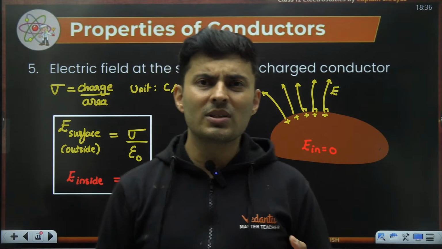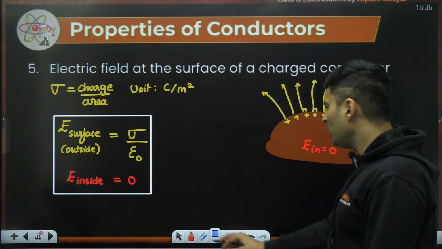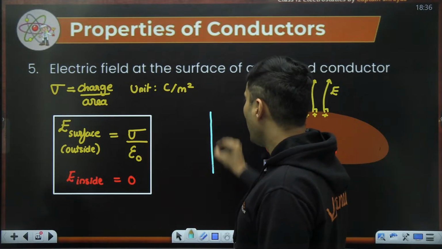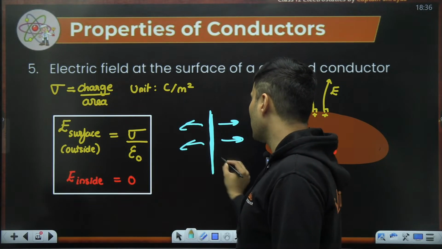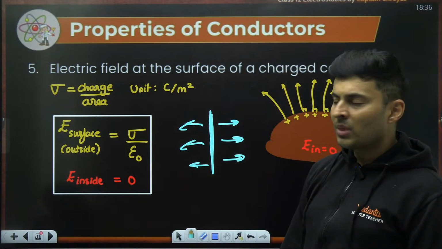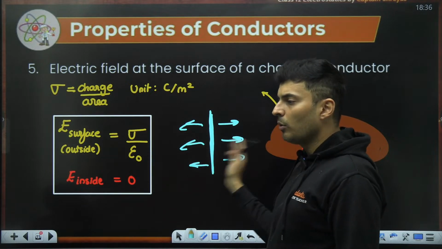Sir, I get confused when to use sigma by epsilon or sigma by 2 epsilon. I'll tell you an easy way to remember. After this, you will never be confused. If you have a sheet, then the field will go two ways. When a sheet or plate is mentioned, the charge will be on the plate or the sheet, and the field will go both ways.